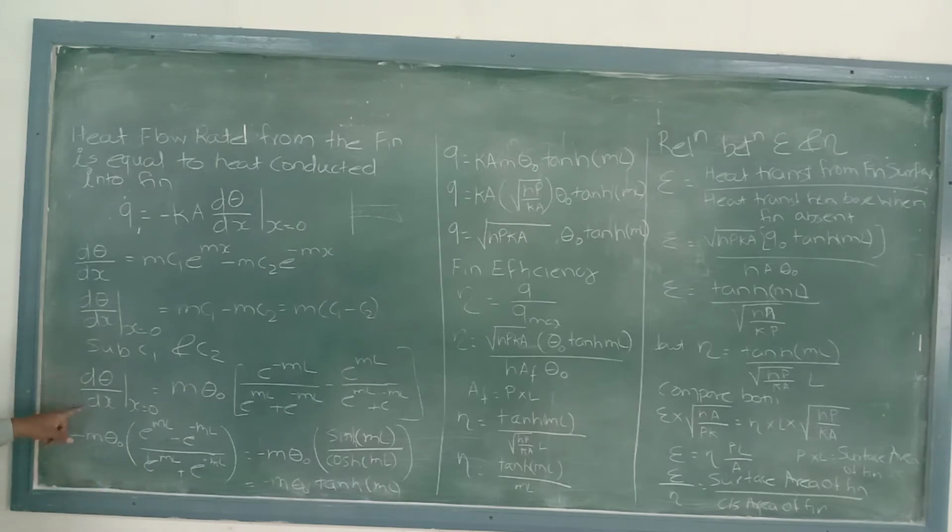So d theta by dx at x is equal to 0 is equal to minus m theta into e raised to ml minus e raised to minus ml upon e raised to ml plus e raised to minus ml.